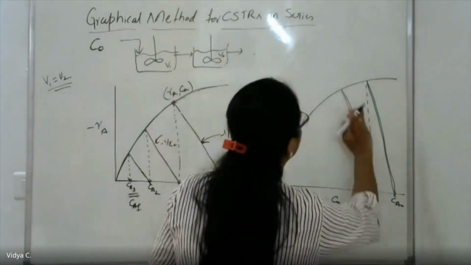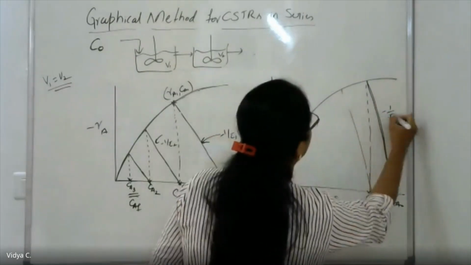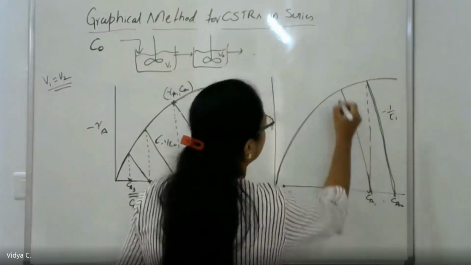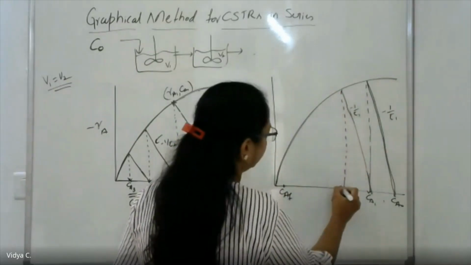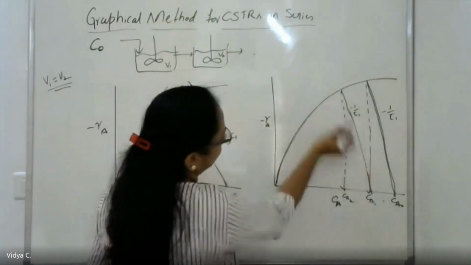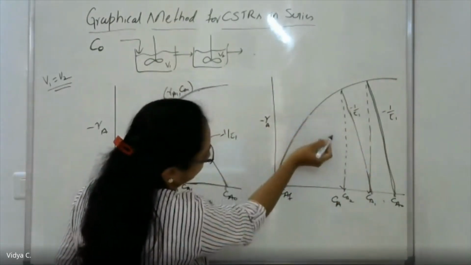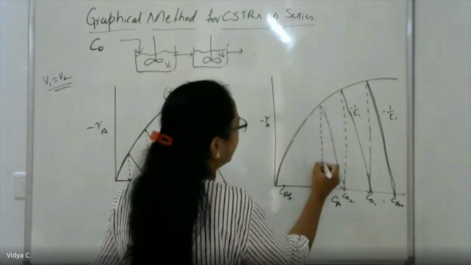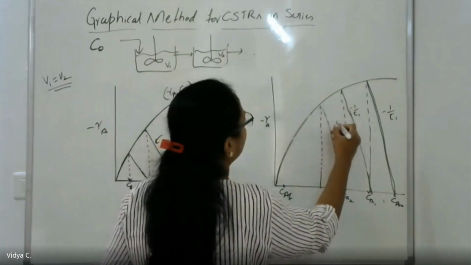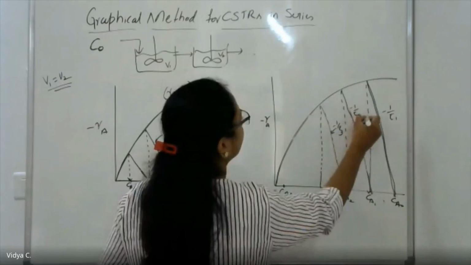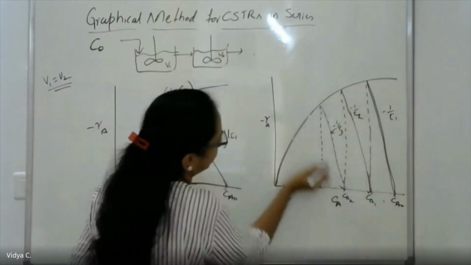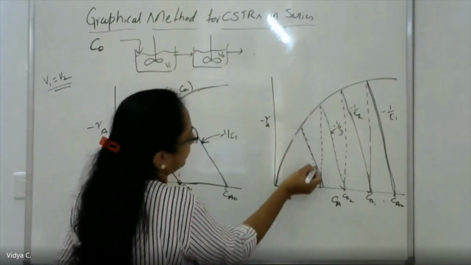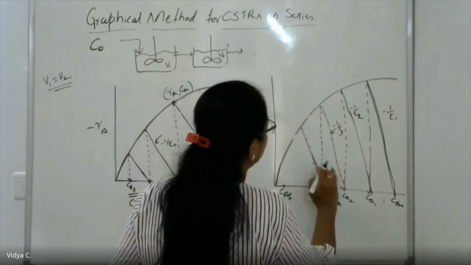Plot a line parallel to minus 1 by tau 1. Okay, and I'll get CA2 here, CA2, again the same. I'll repeat this for minus 1 by tau 3, and see, I'm using equal sized CSTRs here.